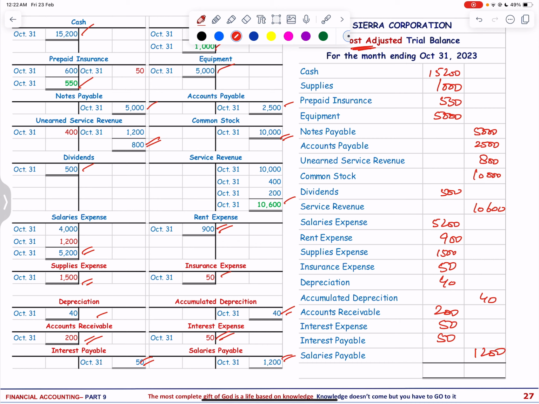So once we make the total of this trial balance, it will be 30,190. 30,190. Remember that the debit and the credit balance of the trial balance must be equal. If they are not equal, then there is a mistake.